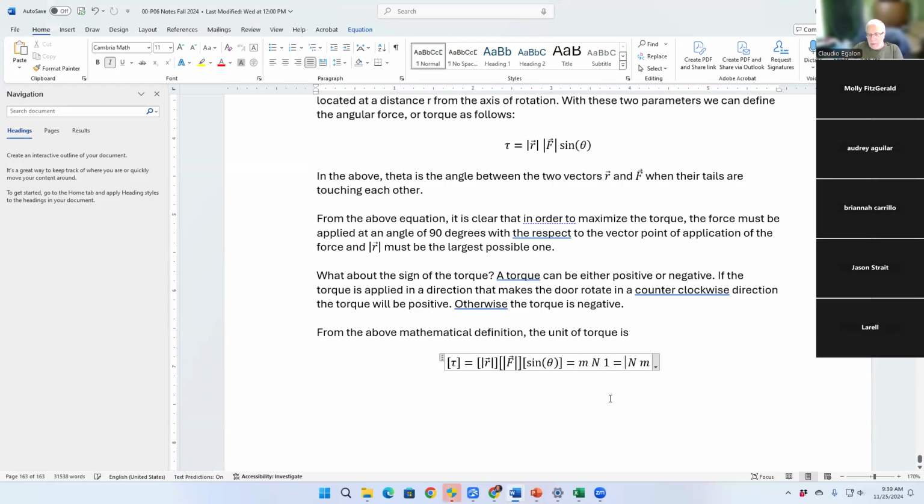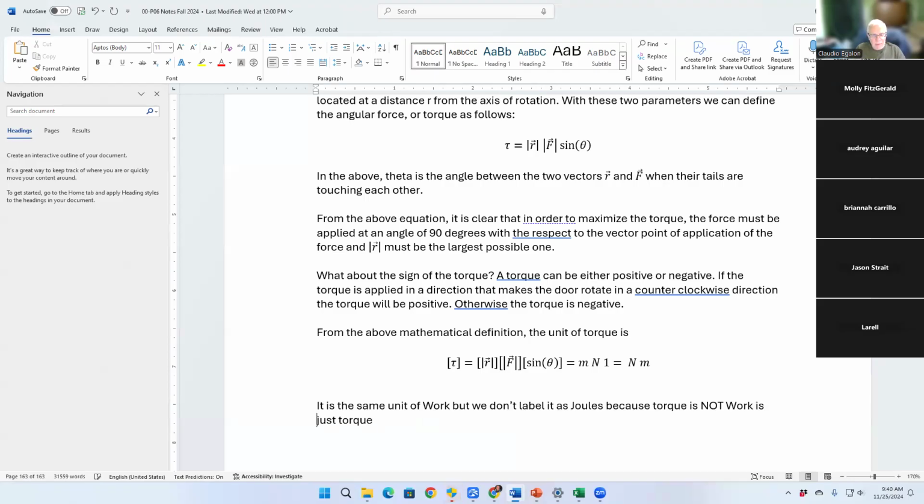By the way, it's the same unit of work. But we don't label it as joules because torque is not energy, right? It's not work. It's just torque.